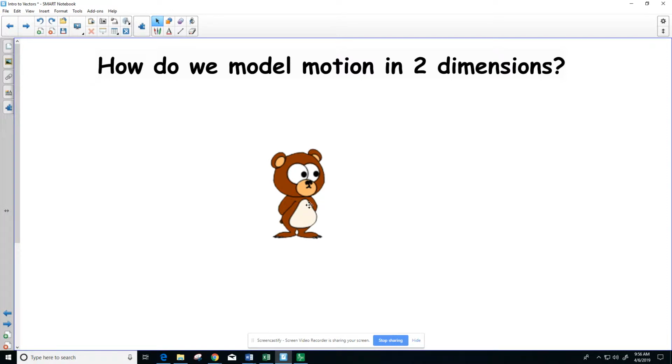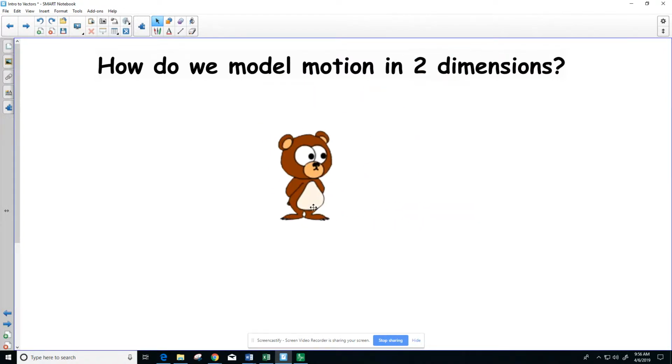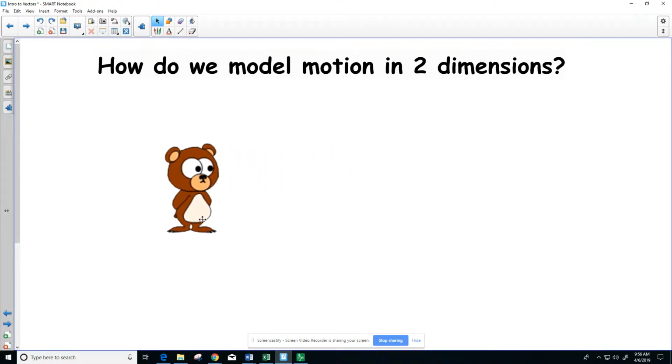And what we need is this thing called a vector. What a vector represents is something that needs to be described not only with a number. To say that Broccoli Bear moves 10 centimeters doesn't tell you where he's moving. It doesn't give enough information, because do we mean 10 centimeters in this direction, this direction, that direction? In one dimension, it was enough to just indicate positive, negative, because he could only go back and forth.